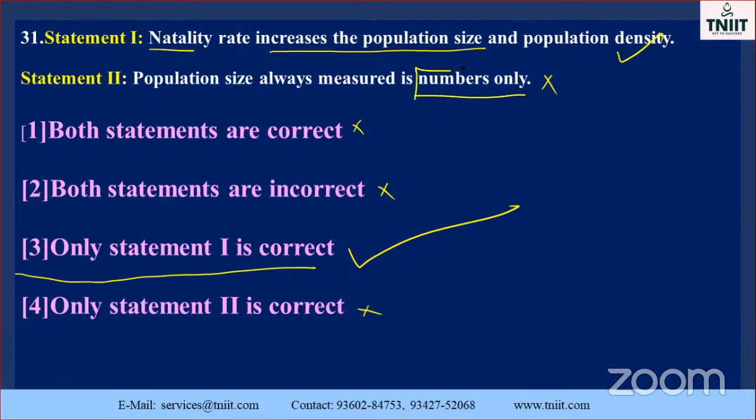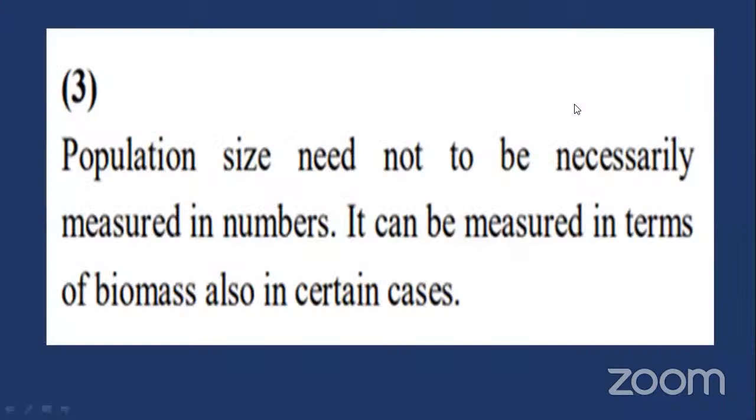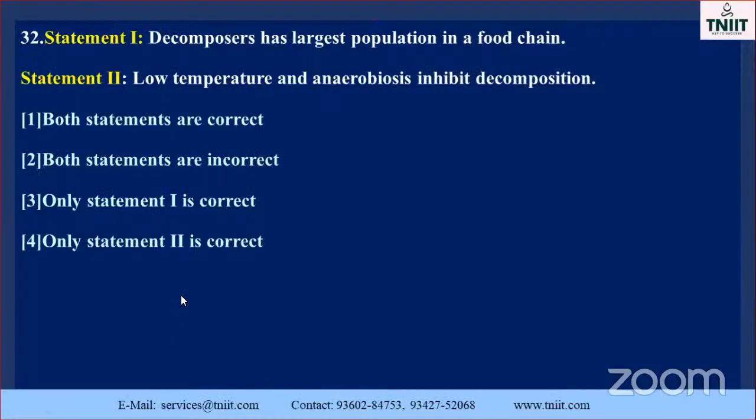No, it is not like I say numbers. That is the point. The population size need not necessarily be measured in numbers. It can be measured in terms of biomass also in certain cases. So the option is wrong.